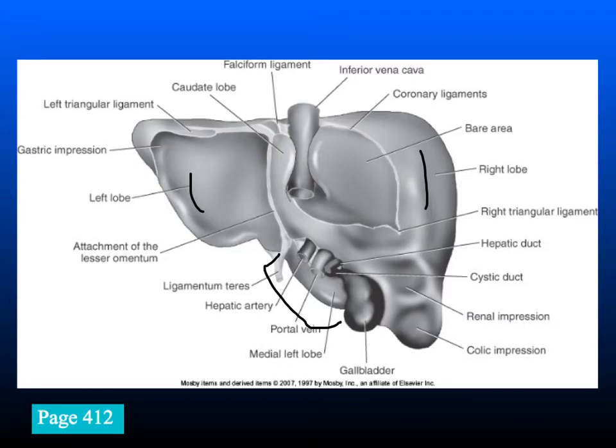So hilum is an opening. We had a hilum for the chest, now we have a hilum for liver, and this specific hilum is called porta hepatis. Also on this image, you can look at the caudate lobe, which is a smaller lobe posteriorly. And there's also the quadrate lobe, which is inferior to the liver, but we can't really see it in this image. We will be able to see it on some of the CT images later on.